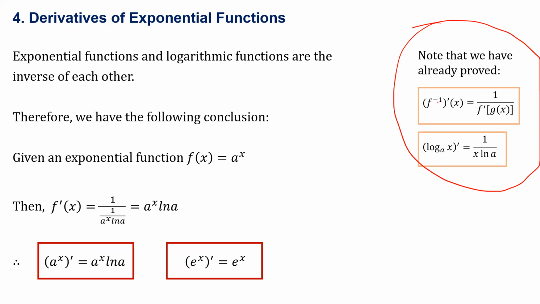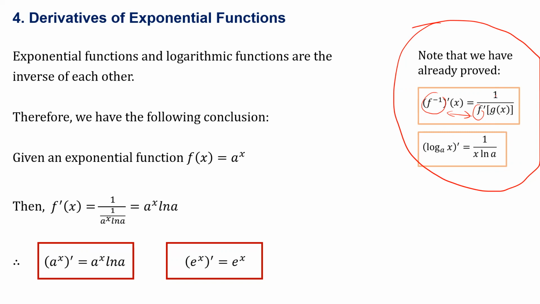On the other hand, we have also proved that the derivative of the inverse of a function equals the reciprocal of the derivative of the original function. Here f negative 1 and f are inverses of each other, right? So the derivative of the inverse function g(x) equals the reciprocal of the derivative of the original function.